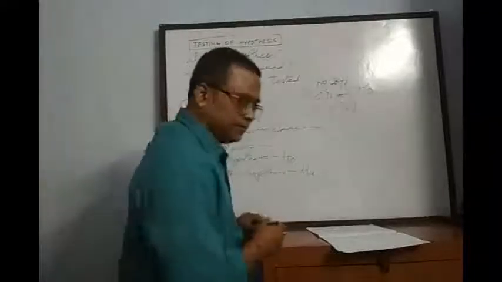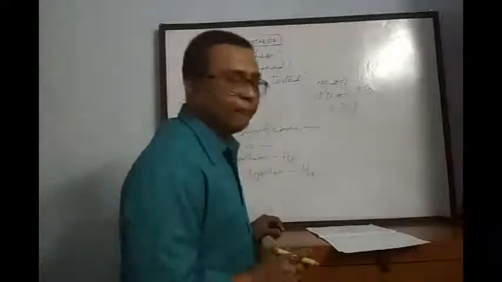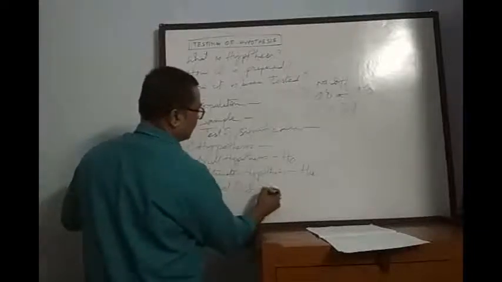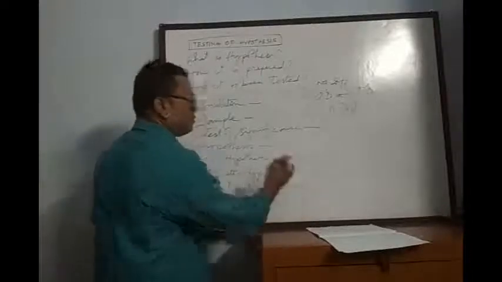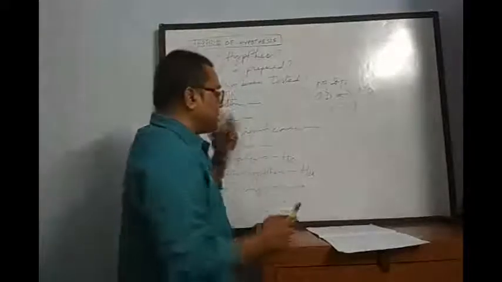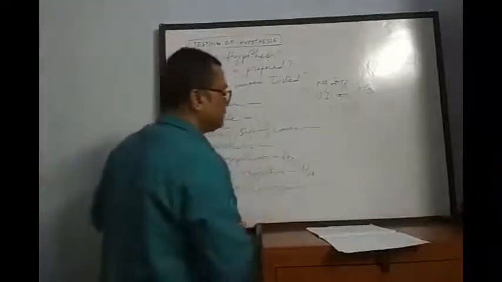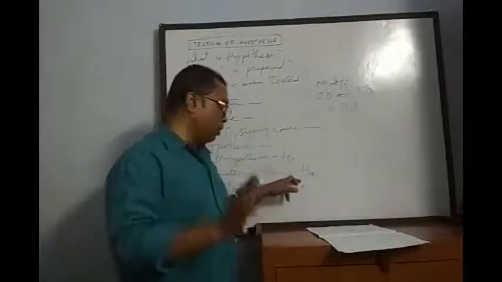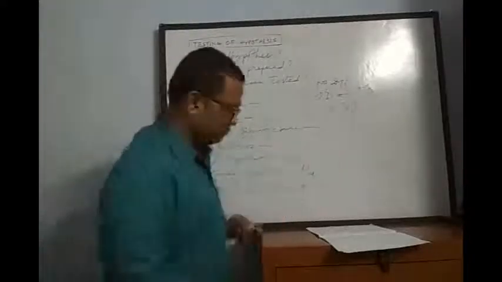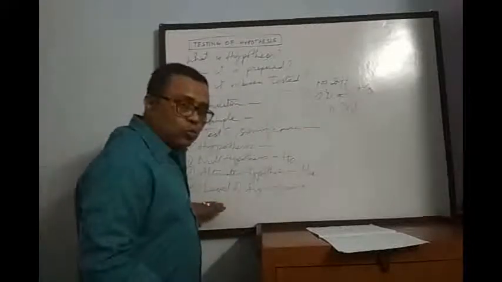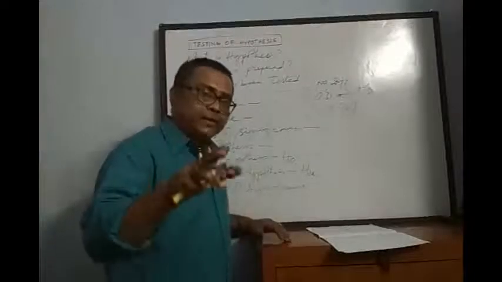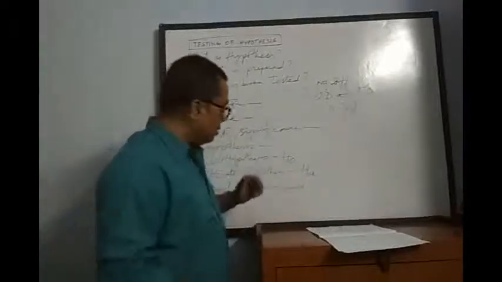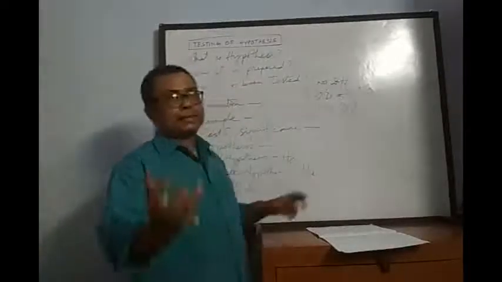Now another important term is level of significance. The level of significance decides when null hypothesis is rejected and alternate hypothesis accepted, or vice versa. It means with the level of significance we may reject null hypothesis and accept alternate hypothesis, or we may reject alternate hypothesis and accept null hypothesis.